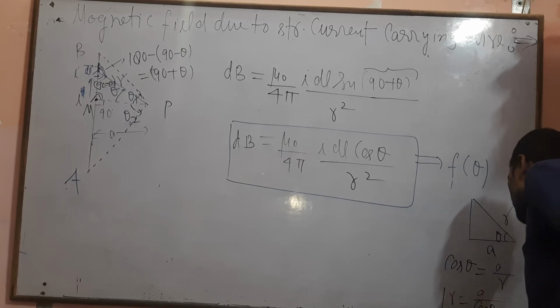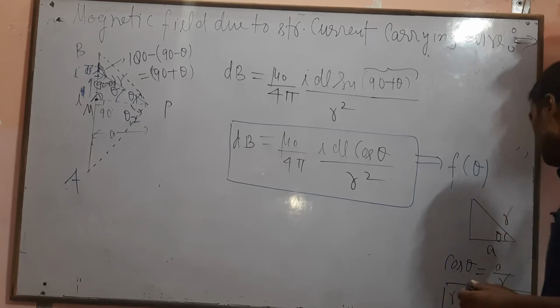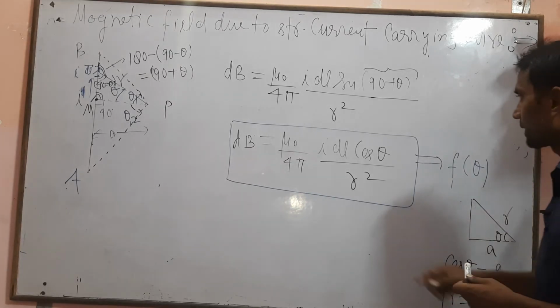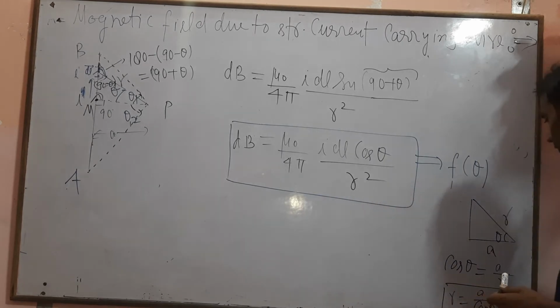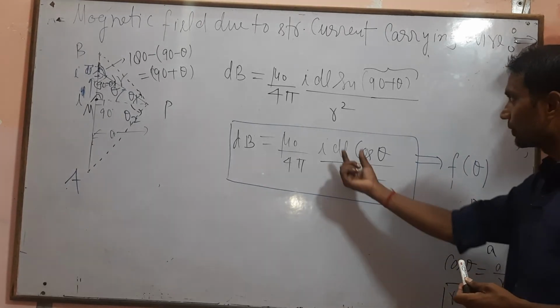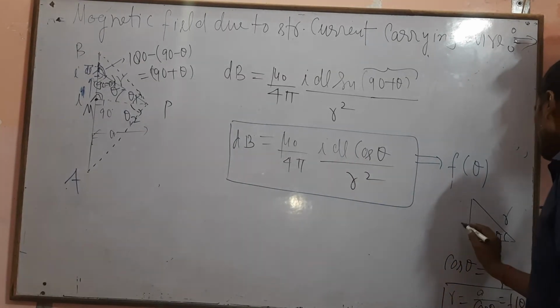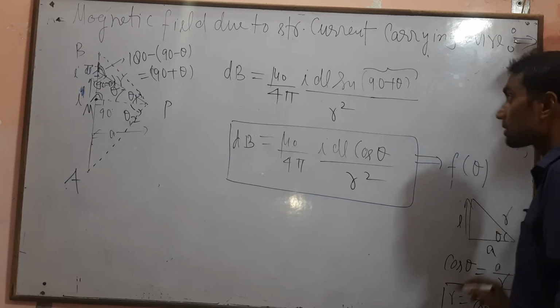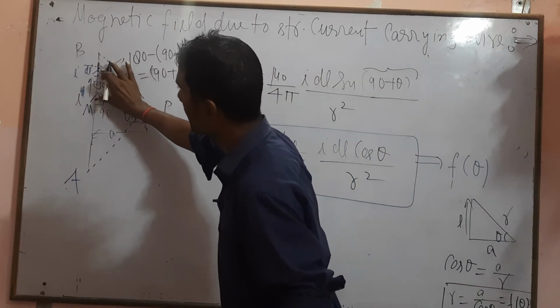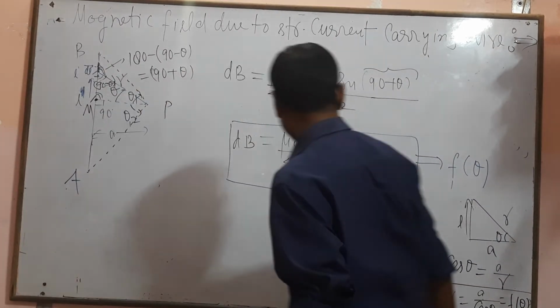That R will be converted into a function of theta, because A is constant and theta is the variable. Also we can reduce dl. How can we reduce dl? This is the length L, and at small L we observe dl.